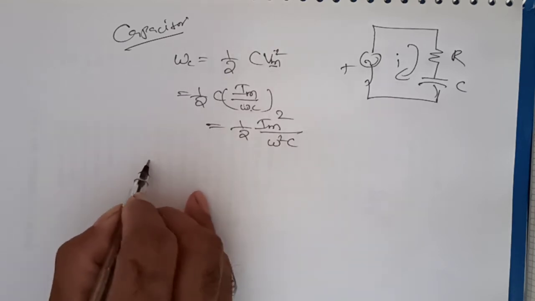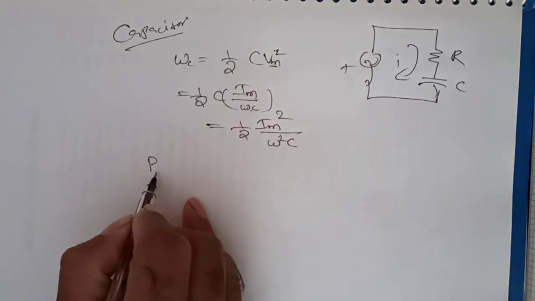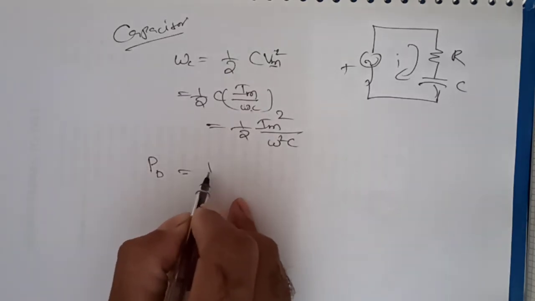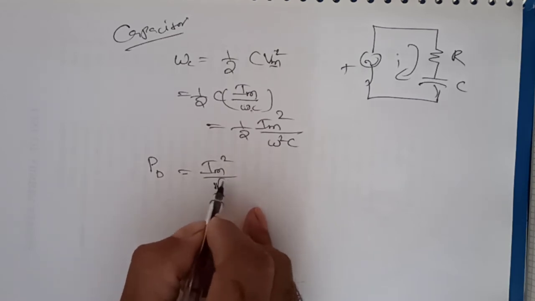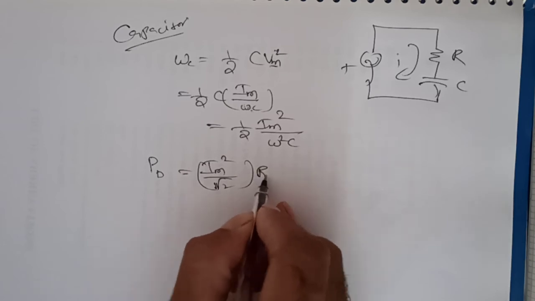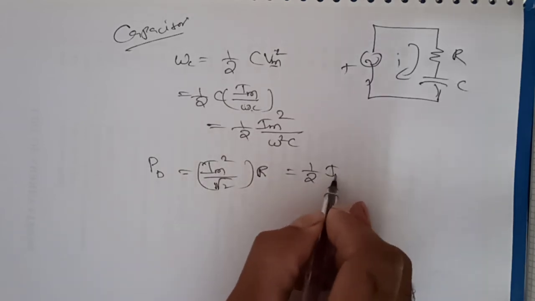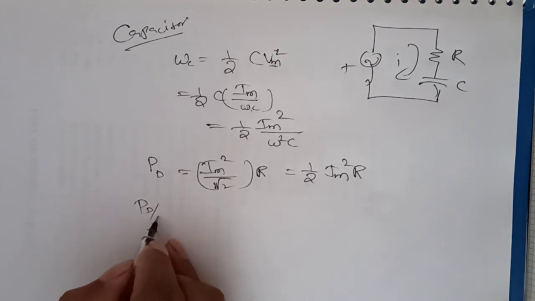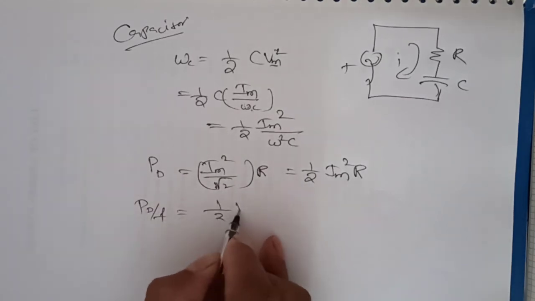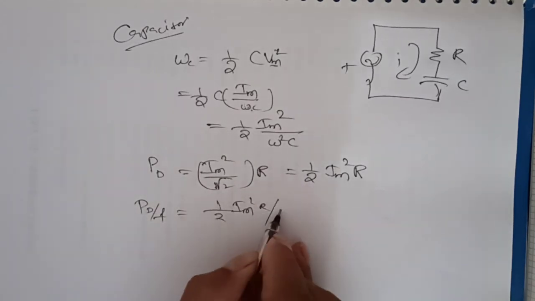What is the average power dissipated per cycle in the capacitor? It equals (Im by root 2) squared into R, that is 1 by 2 Im squared R. But we have to take this per cycle, so we divide this equation by frequency.